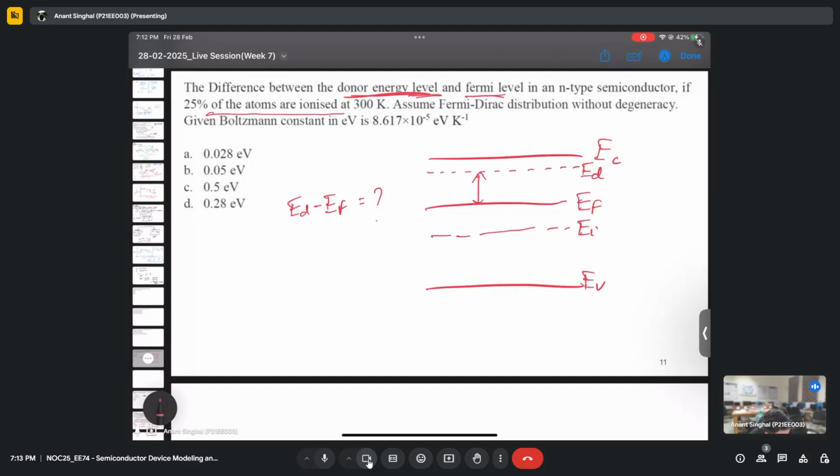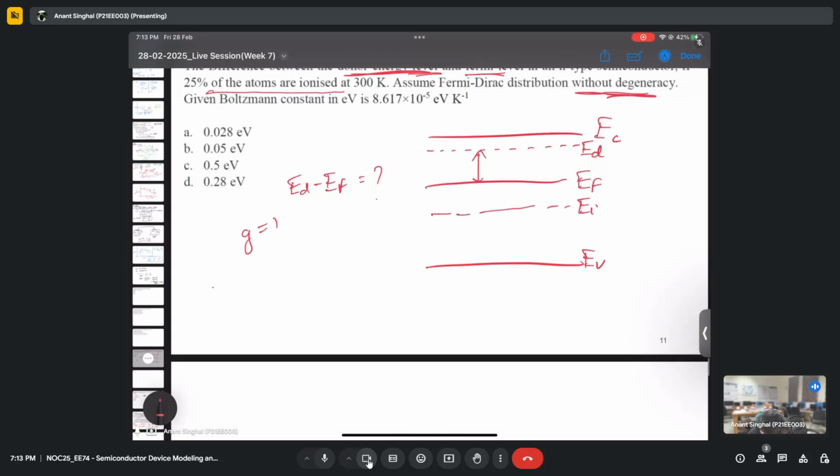Assume the Fermi-Dirac without degeneracy is given, so G is always 1. If you know, the ratio of ionized donors to the total donors is 1 upon 1 plus G e to the power EF minus ED over KT, where G is the degeneracy level. So this is what we need to calculate.